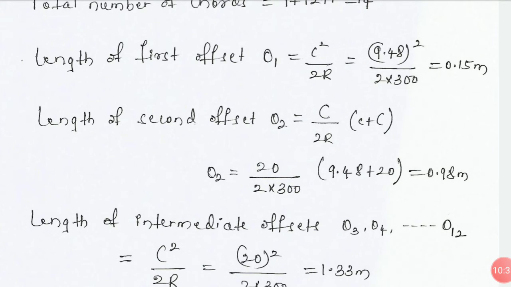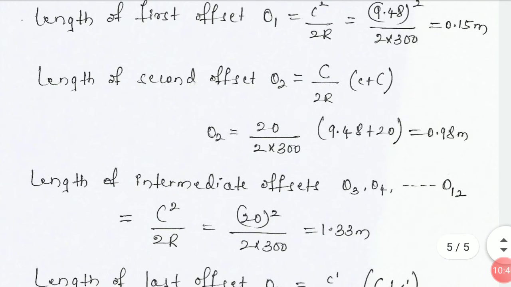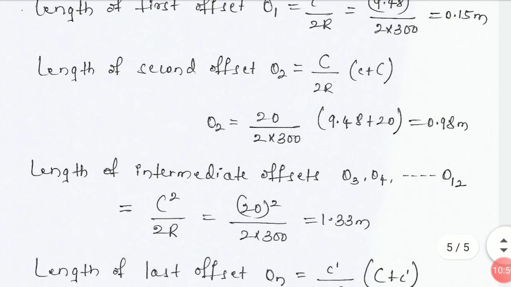Small c is length of the previous chord, that is 9.48 meters plus 20, 0.98 it will give. Now after the second chord we have the intervals at regular intervals, that is at 20 meters exactly. So offset length will be regular there, that is capital C square by 2R. 20 square by 2 into 300, that is 1.33 meters will be the offsets up to the chainage of 1300 meters.